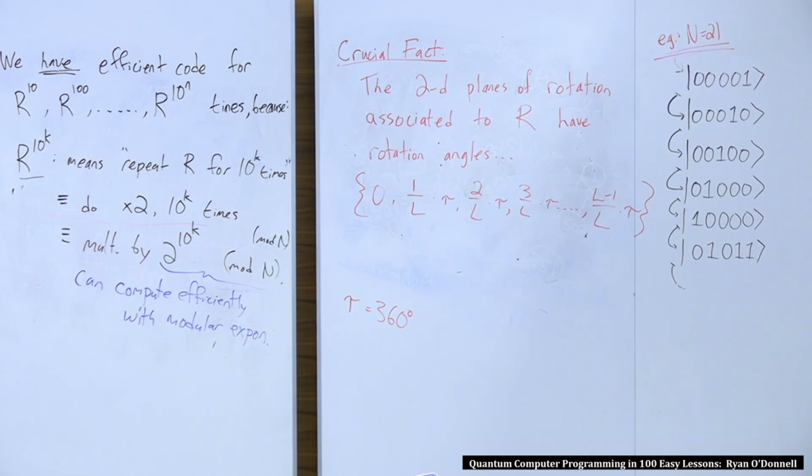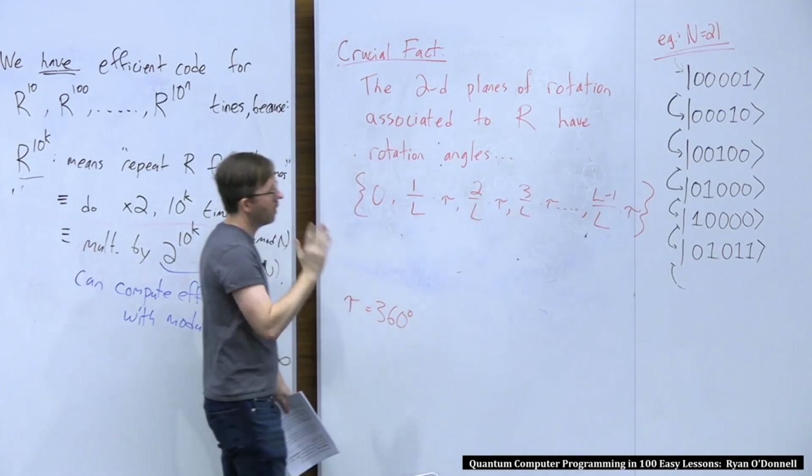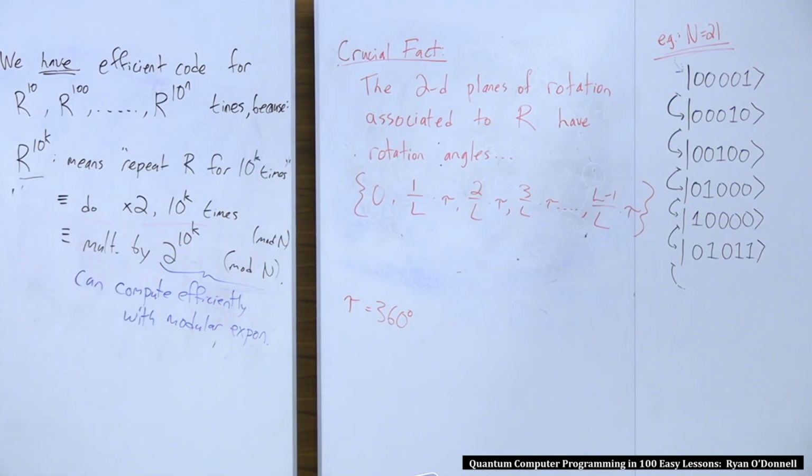Because for rotation estimation, you need the ability to do R and maybe also its powers. But you need a starting vector, a starting state. And unfortunately, we don't know how to get a starting state for our qubits that's in any particular one of these 2D planes of rotation. These are these perpendicular 2D planes of rotation.